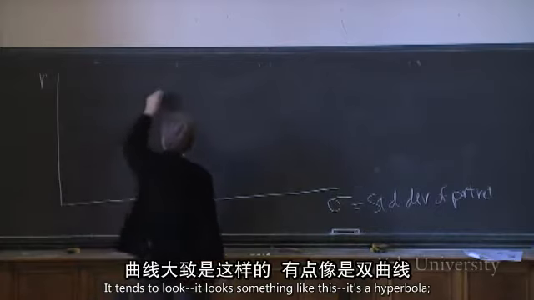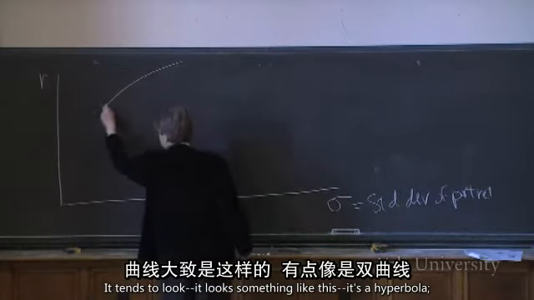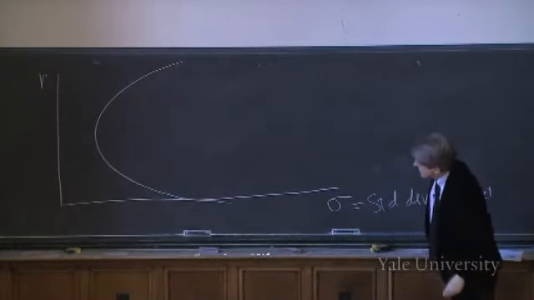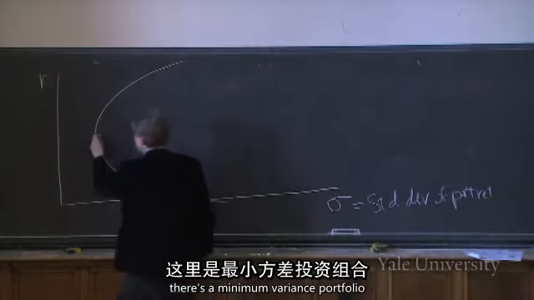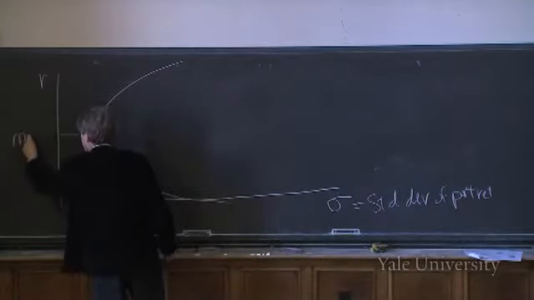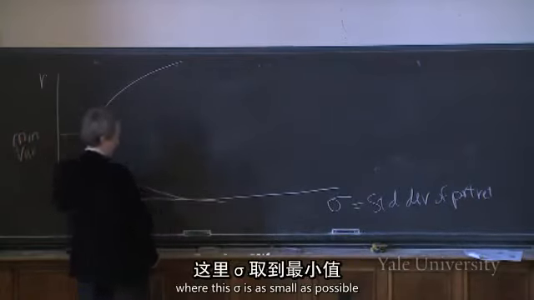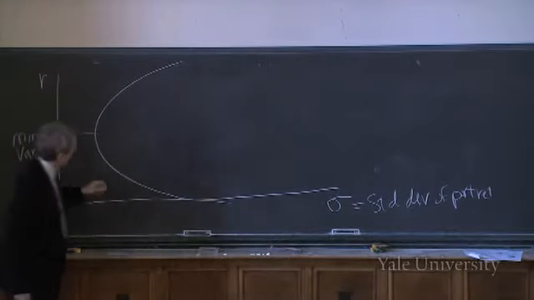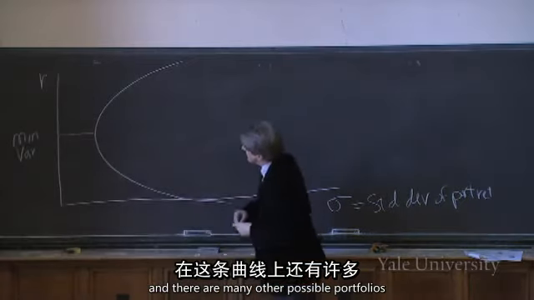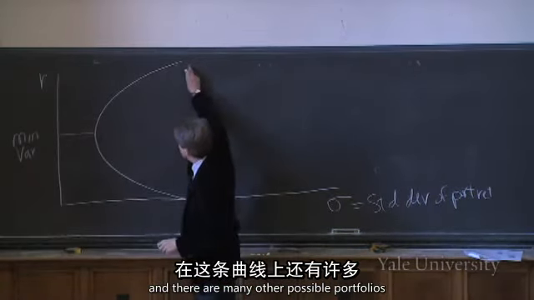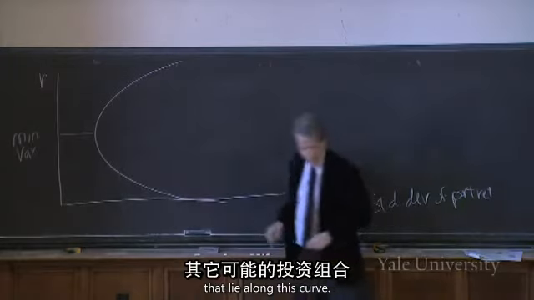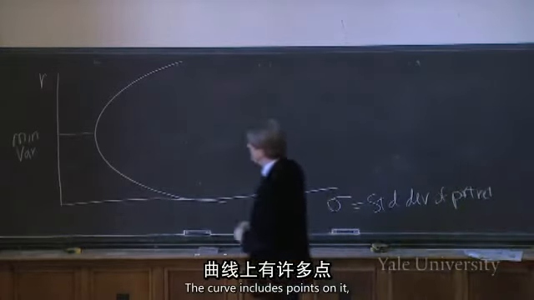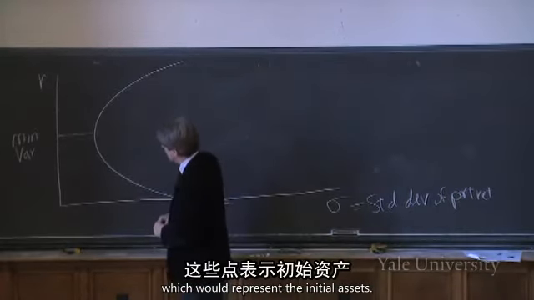then it looks something like this. It's a hyperbola. There's a minimum variance portfolio, the minimum variance, where this sigma is as small as possible. And then there's many other possible portfolios, all that lie along this curve. And so the curve includes points on it, which would represent the initial assets.